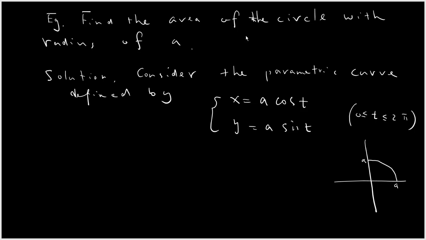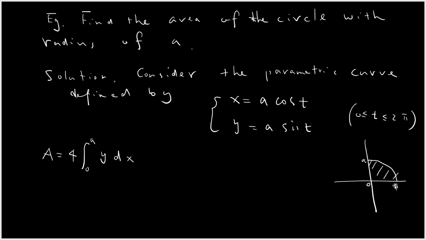That's y value of a. So the area of the whole circle should be 4 times the area under the graph of that function when x is changing from 0 to a. I'm trying to write it's 4 times the integral from 0 to a of y dx, right? The geometric meaning of the definite integral is the area under the graph of the function when x is changing from 0 to a. So we just use that.